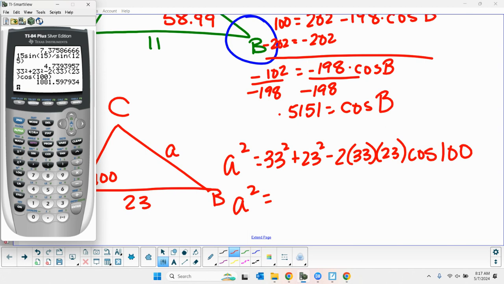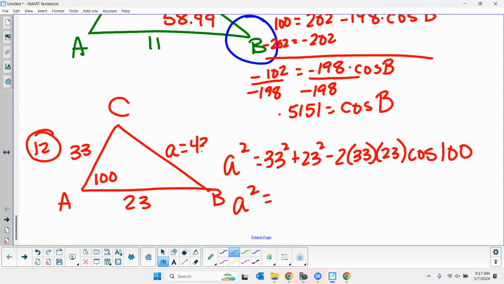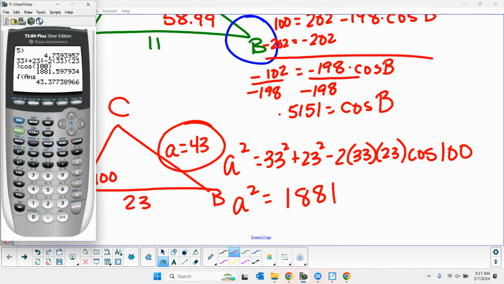So you go second square root, second answer, so I don't have to type it in. 43.4. And that's to the nearest whole number, so 43 would be A. I think that was that, right? 1881, yeah. All right, so there's the 12.